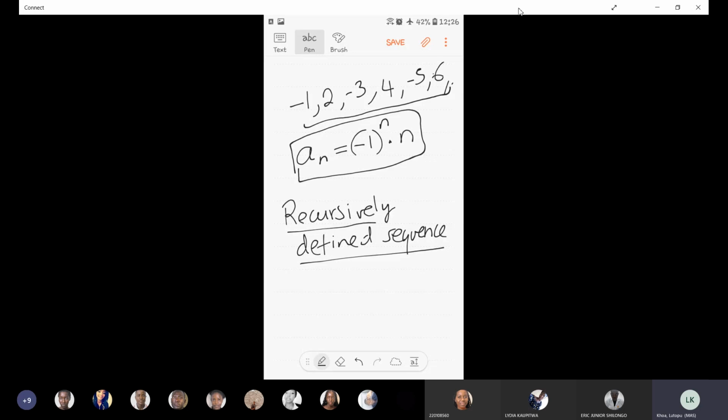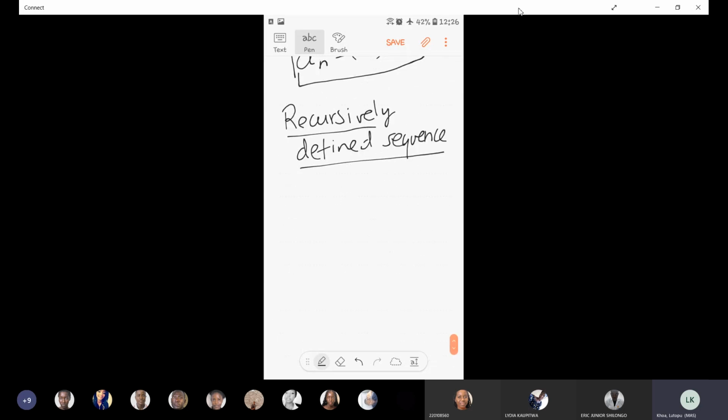So here, you can look at an example. We let a1 equal 1, and then we let a2 also equal 1. Then we say a(n+1) is equal to a(n-1) plus a(n).